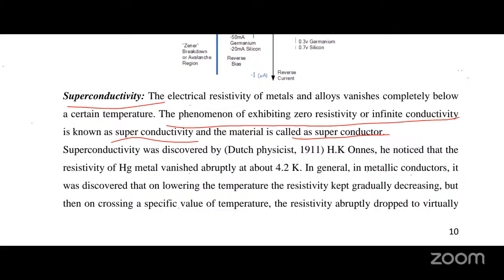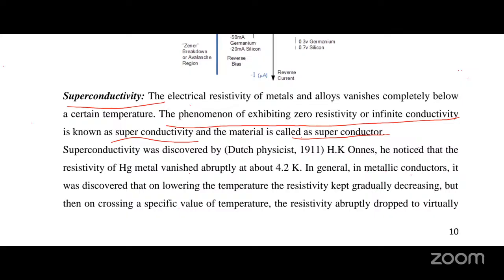One of the well-known materials is the 123 material, which has the composition of yttrium, barium, and copper with oxygen, YBa2Cu3O7 minus x. We will discuss that later on.